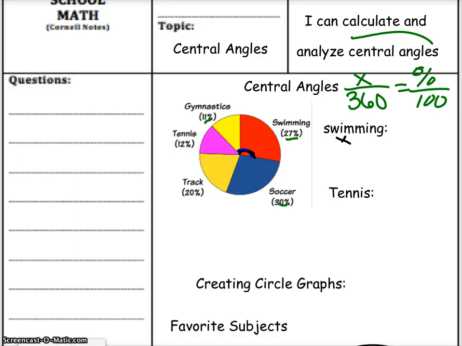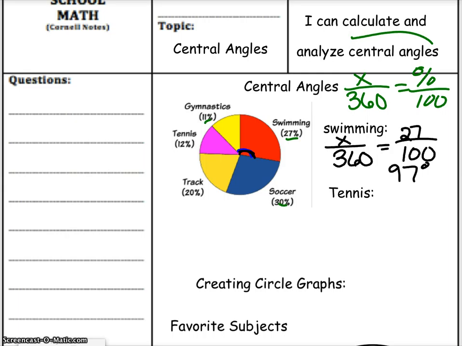Part of my central angle is to all of my degrees as 27% is to 100. So 360 times 27 divided by 100 is 97.2 degrees. Round it to the nearest whole, so it's 97 degrees.